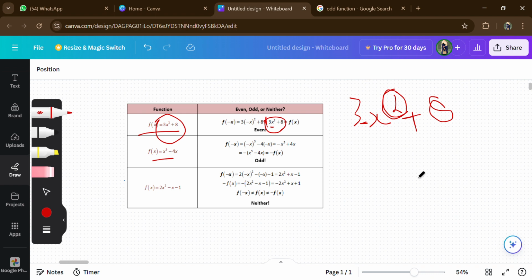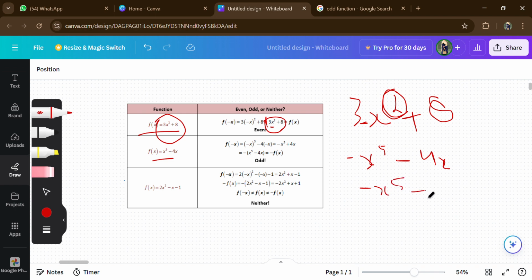If you look into the second equation, what happened is basically minus x power 5, that is an odd power, so it won't change into something really different. It will stay as a negative x after being solved.